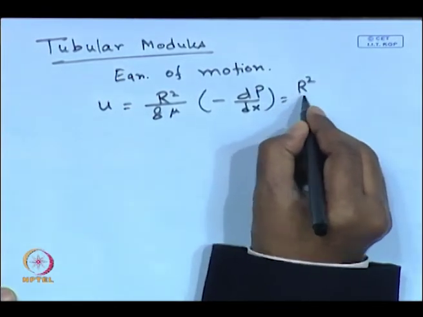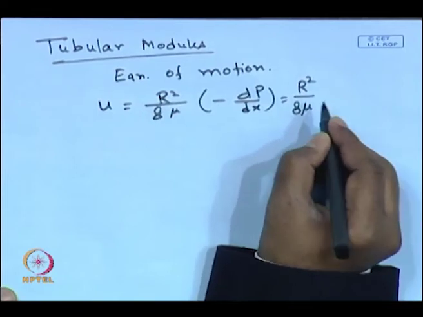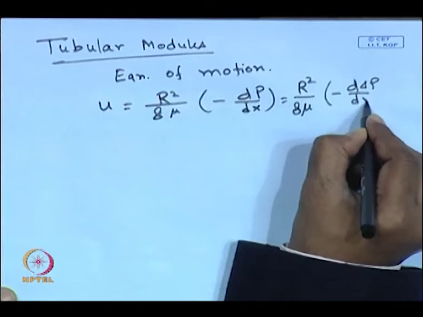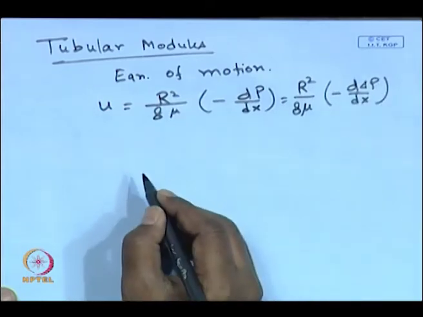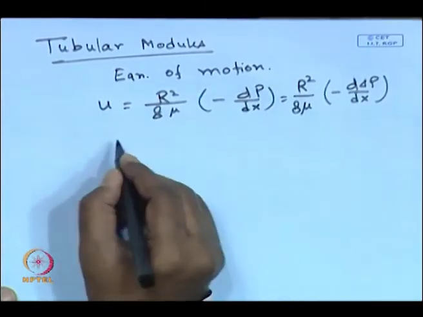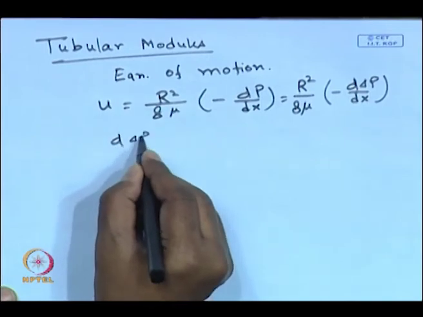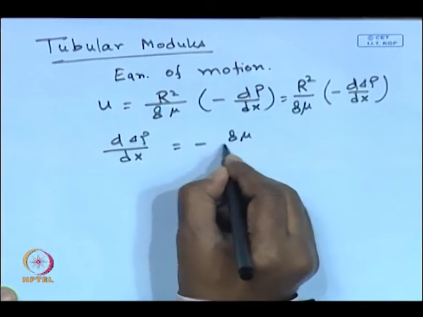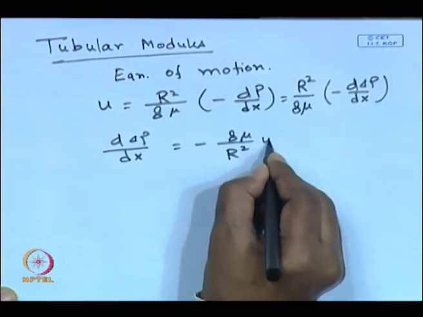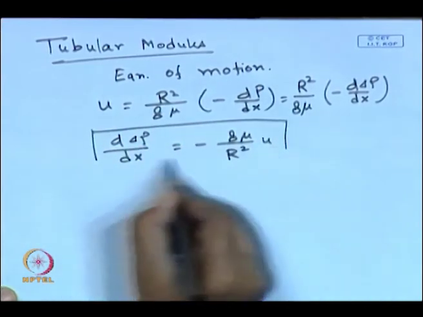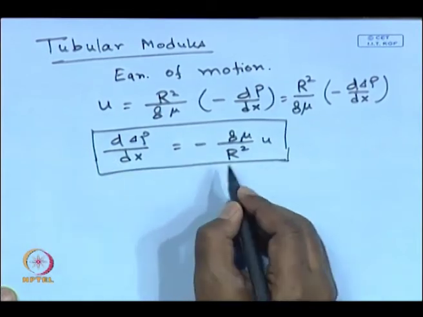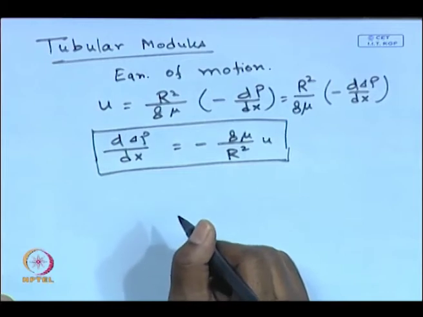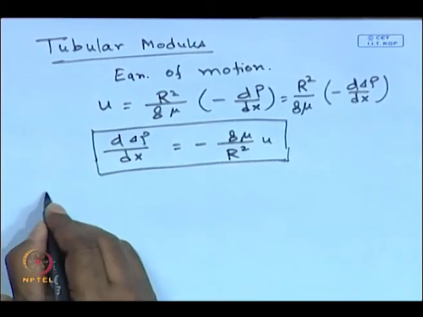So we write it safely as r square divided by 8 mu times minus d delta p/dx. So you can get an expression of d delta p/dx as minus 8 mu over r square times u. Now again you can write down a material balance over a differential element.